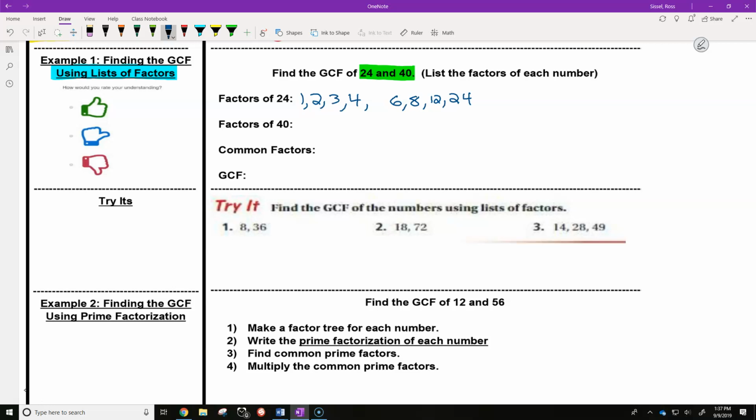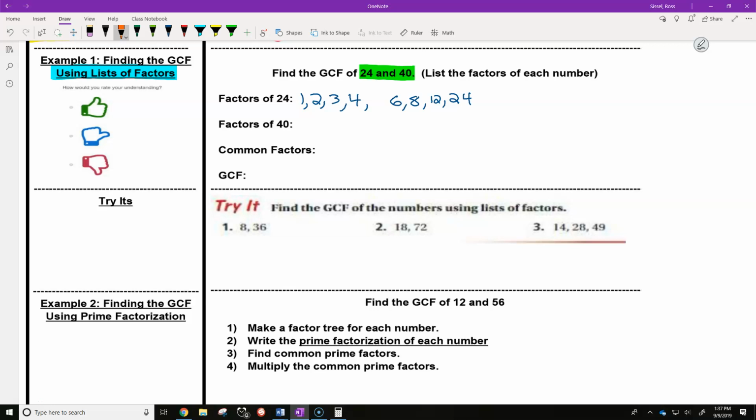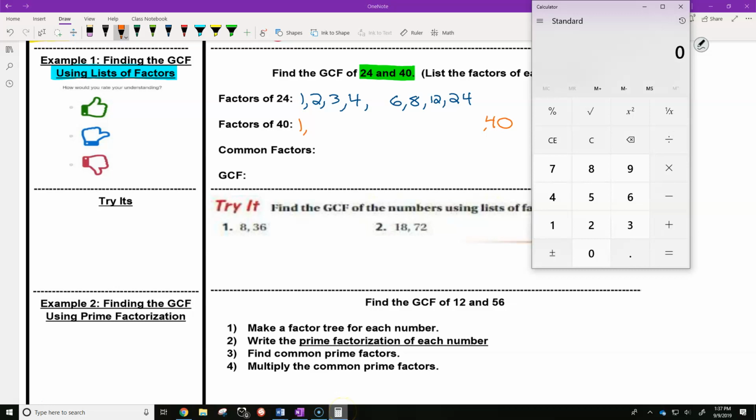On the second one, for factors of 40, I'm going to show how you can use your calculator in case you are struggling. The first thing you would do, you won't need a calculator, you should be able to say 1 times 40. Now, you cannot give me the excuse, Mr. Sissel, I'm not good at this because I don't know my math facts.